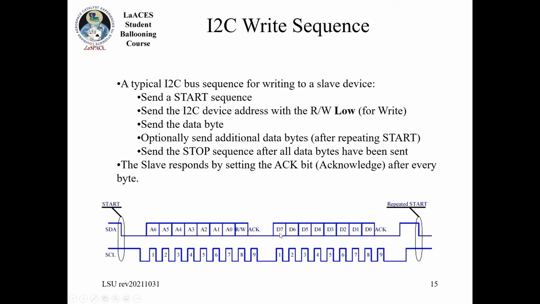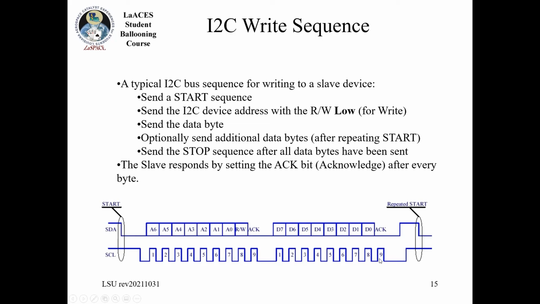You can also have this set multiple bytes in a row. So I can send the address once and then send a sequence of other bytes of data.